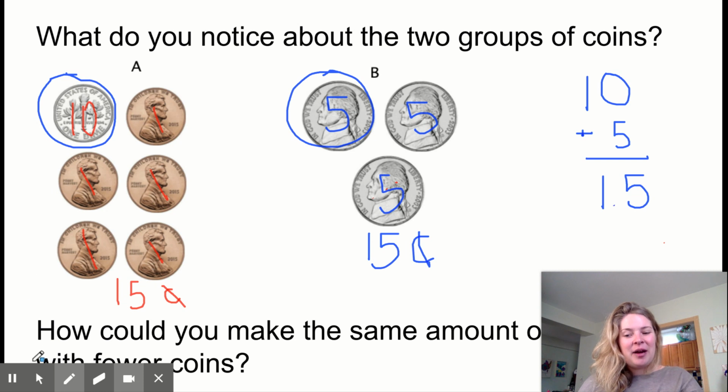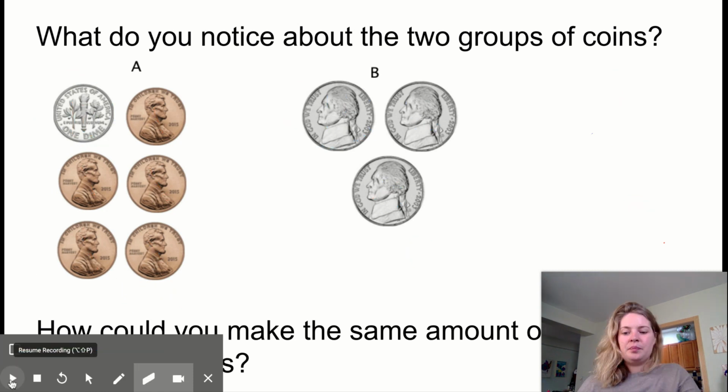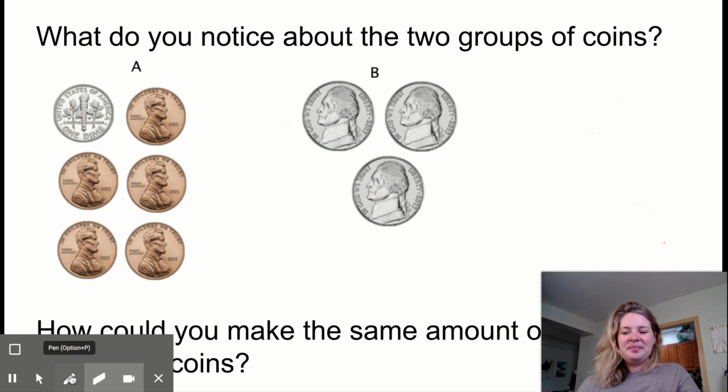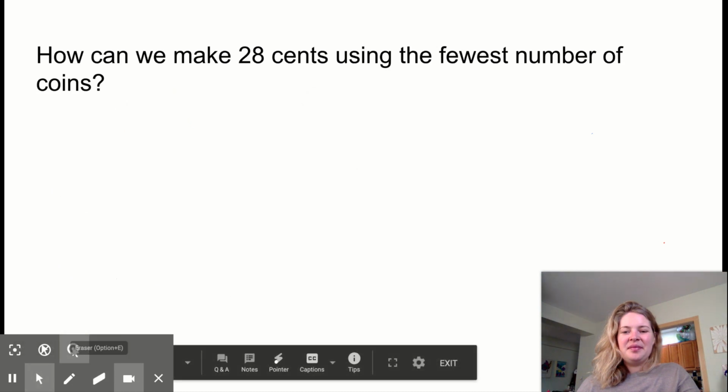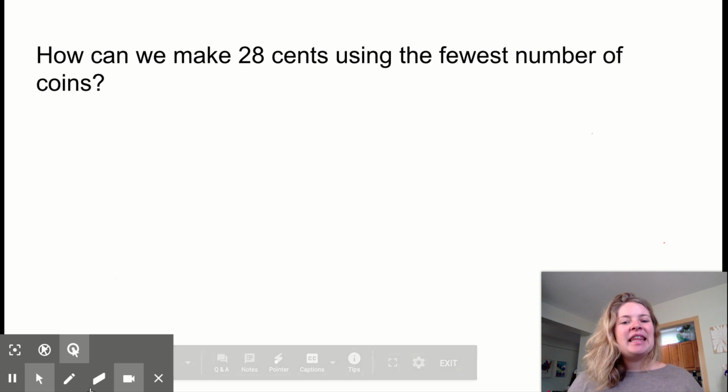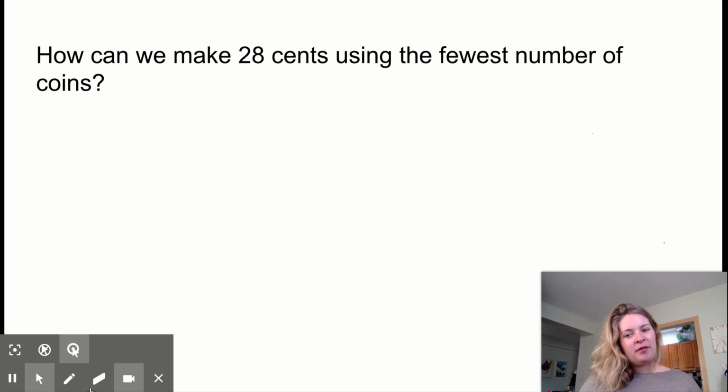Let's try another problem. How can we make 28 cents using the fewest number of coins? Now, normally, if we were at school, I would have you work with a partner right now. And you would work with your partner to try and figure out how to make 28 cents.